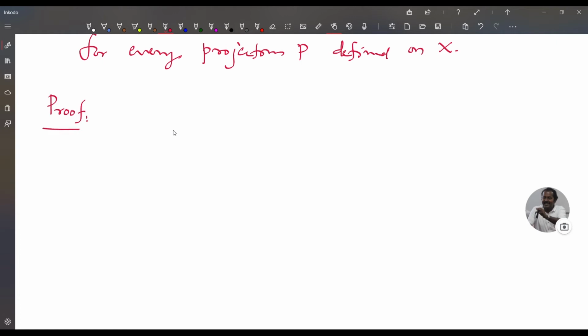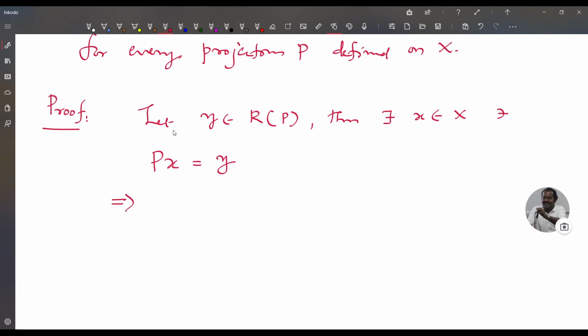Let y belong to the range space of P. Then there exists an x in X such that Px equal to y. So this implies P square x equal to Py. Now since P is a projection, this implies Px equal to Py.